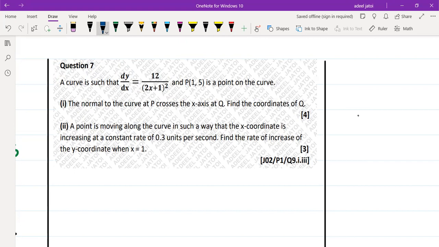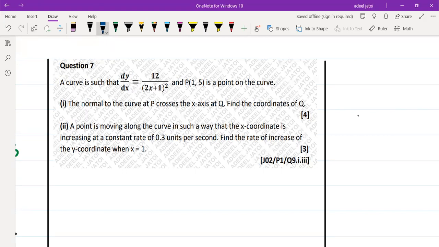P is (1, 5), and the normal to the curve at P crosses the x-axis at Q. Find the value of Q. For part 1, you use x is equal to 1 to find the gradient, and that gradient will be the reciprocal with negative sign to give the gradient for your normal, because normal is perpendicular. Using the point P, you find the equation of the normal, and then that normal crosses the x-axis. That means y will be 0, and you'll find Q.